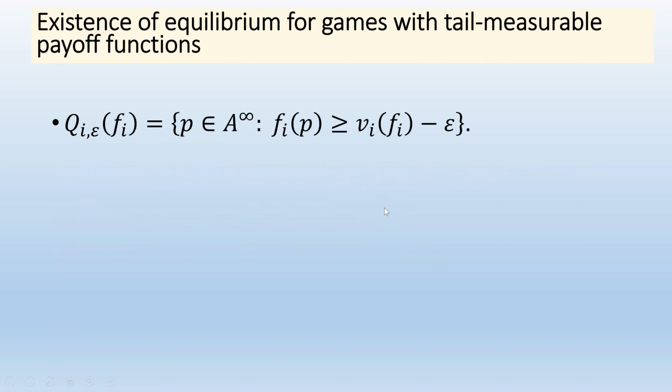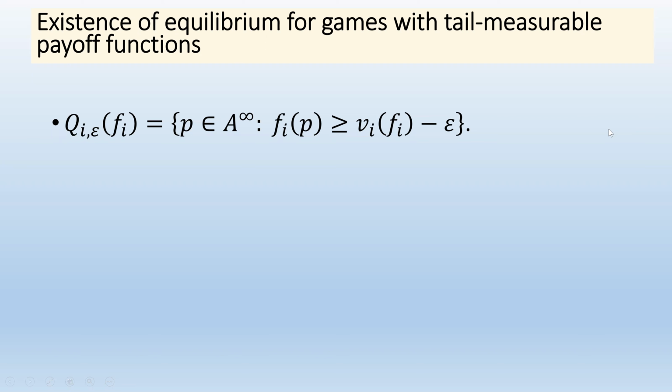Okay. So now we move to tail-measurable payoff functions. We move from a payoff function that is the characteristic function of some tail set to any tail-measurable payoff function. We use similar methods to show that there is a play whose payoff, for each player, is at least their min-max minus epsilon.